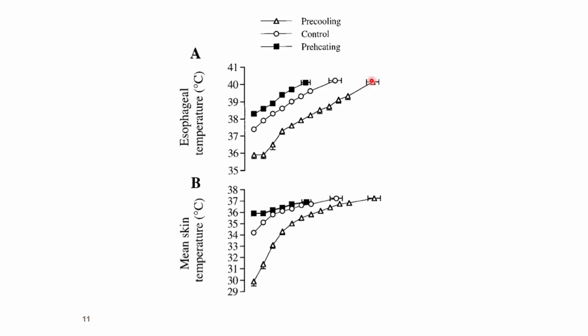So what is interesting is that in all three experiments, the subjects ended up stopping right around an internal body temperature, esophageal in this case, of around 40 degrees Celsius. So it seems with this data that our body has some sort of sensor that senses the maximal esophageal temperature, or the maximal internal temperature, and when we reach that high level, then our ability to maintain exercise is diminished.